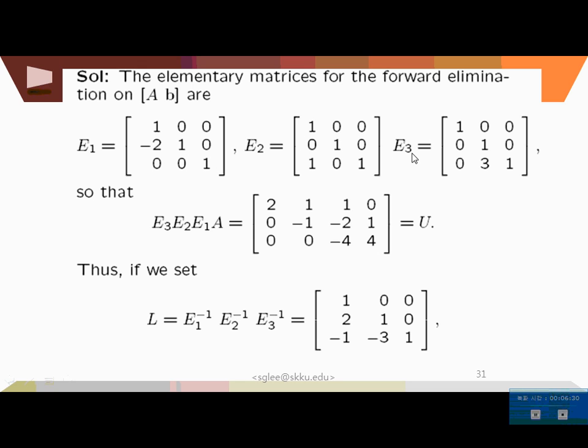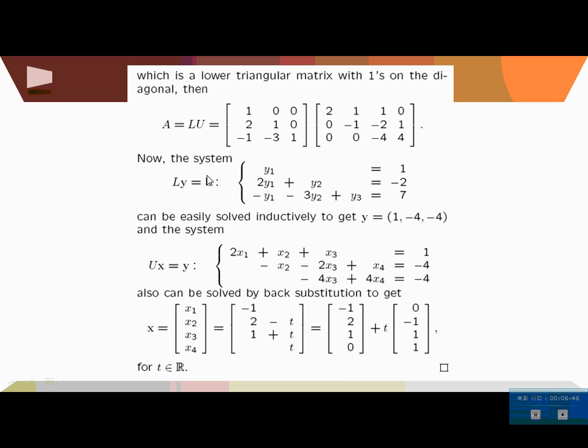The product of these lower triangular matrices is also a lower triangular matrix, and the inverse of each is also a lower triangular matrix. So L can be written in this way, and then matrix A can be written as LU. Then the forward substitution gives us the answer.